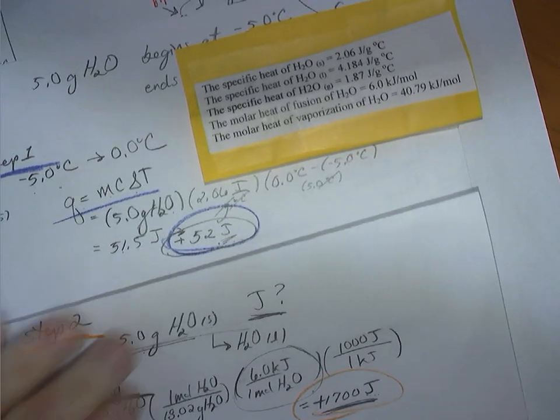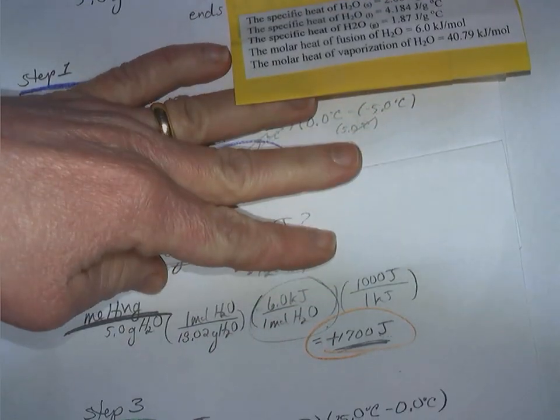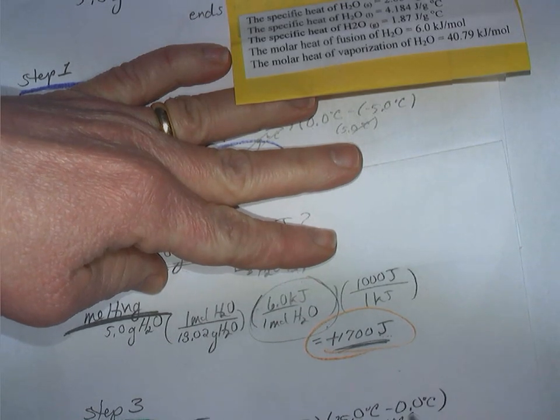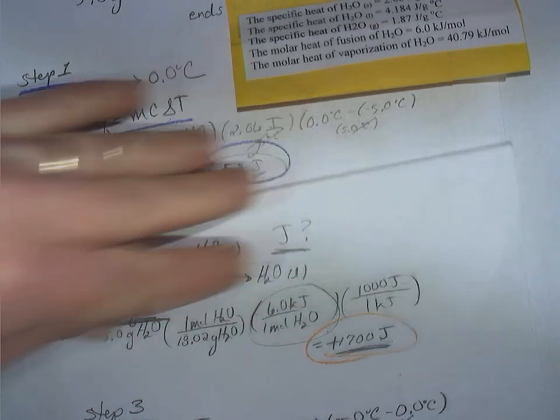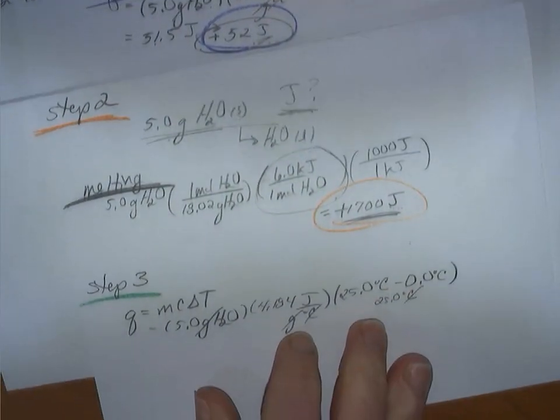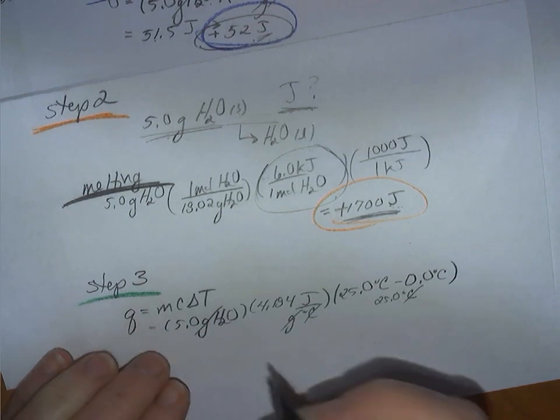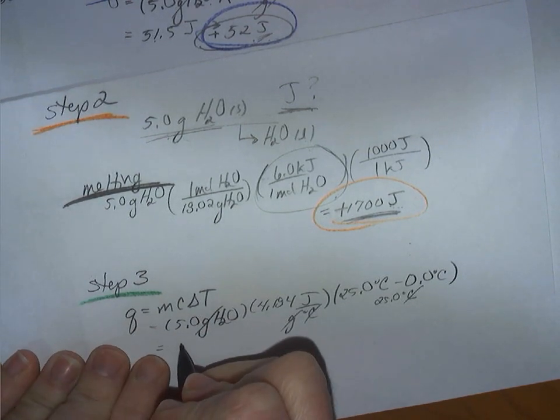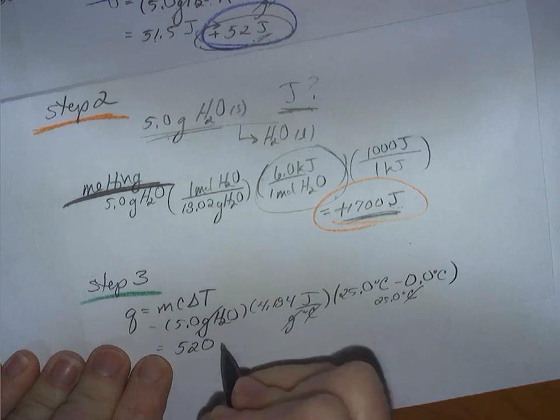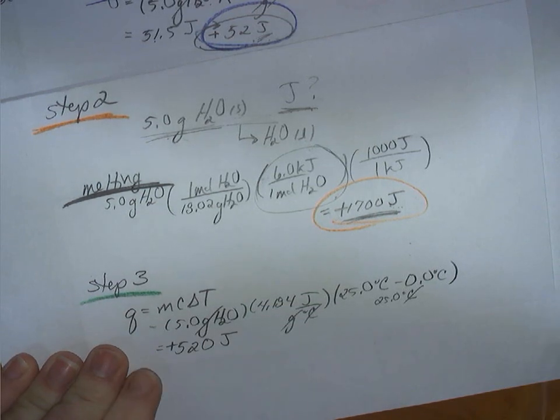So order of operations, subtracting, this will give us 25 degrees Celsius. That'll cancel, so we're limited to the sig figs of the 5 grams. All right, and we would round this to 520, and it will be joules and positive.